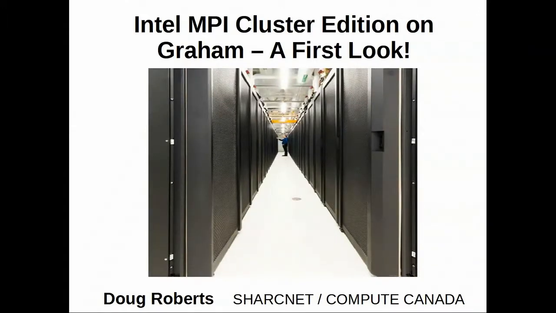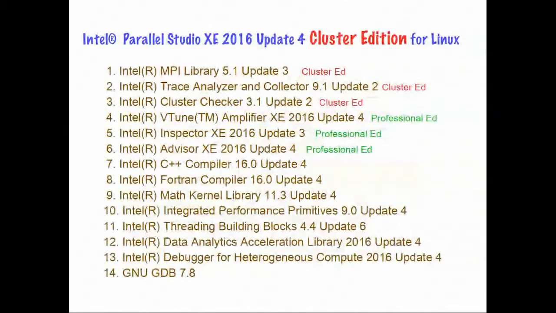In the package with the license we acquired, there are several components. And as you can see by the list, there are some that are specific to the Cluster Edition, shown at the top, so items 1, 2, and 3. The others below, you'll notice some are marked Professional Edition.